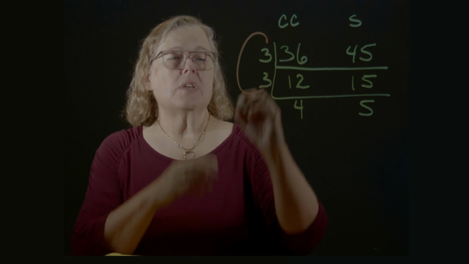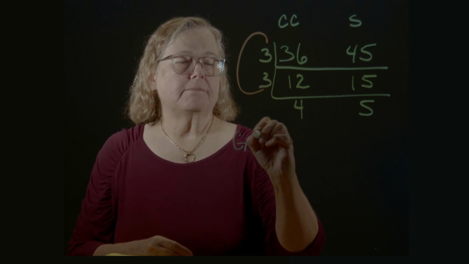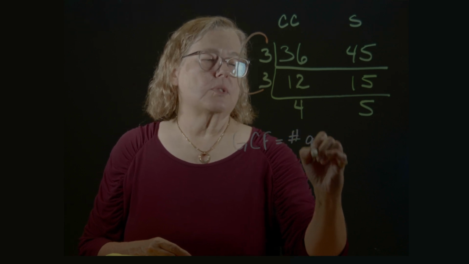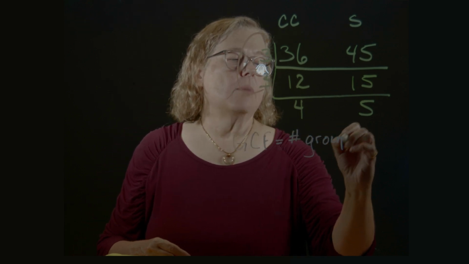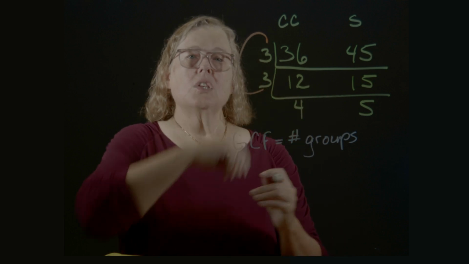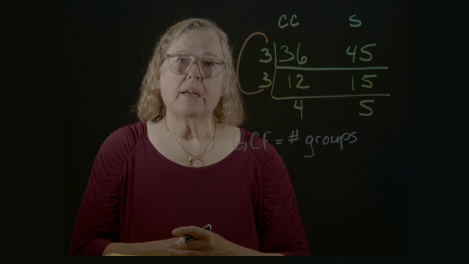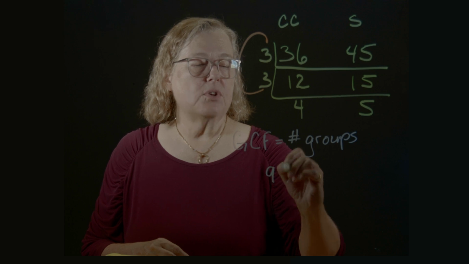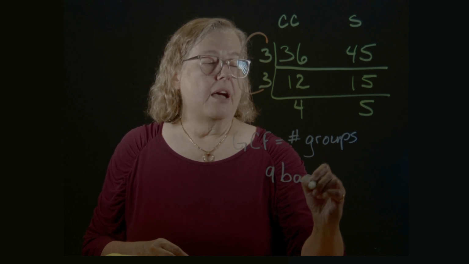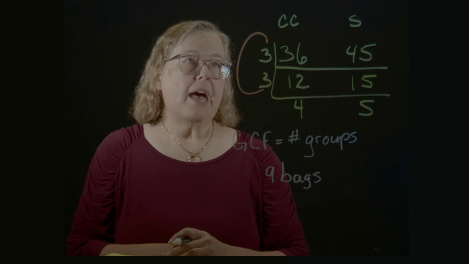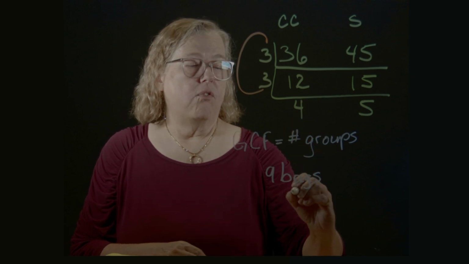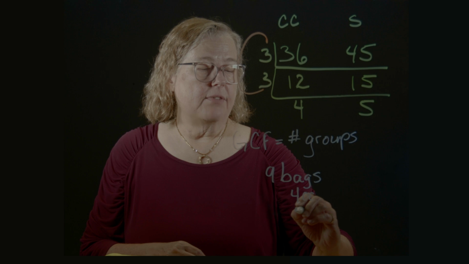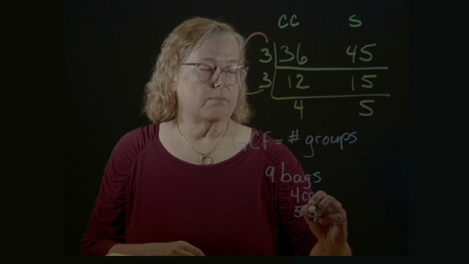So that means the GCF equals how many groups? When I'm breaking it up into groups, I use the GCF. So how many containers am I going to make? I'm going to make 9. So I'm going to have 9 bags of cookies. By the way, each bag of cookies is going to have 4 chocolate chip and 5 snickerdoodles.